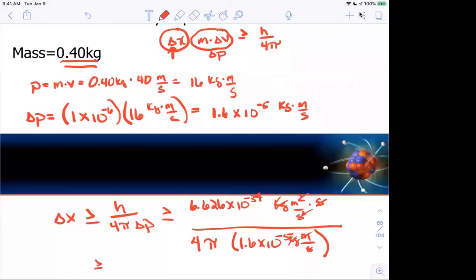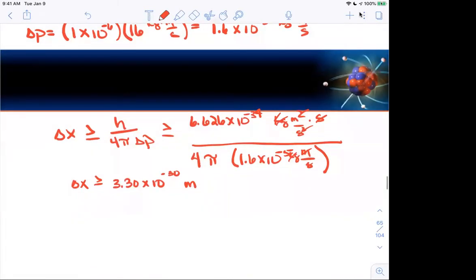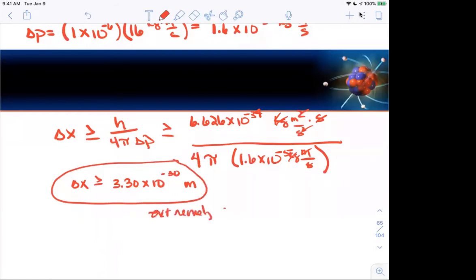And I have my delta x is greater than or equal to 3.30 times 10 to the minus 30 meters. So think about that. This is an extremely small uncertainty.